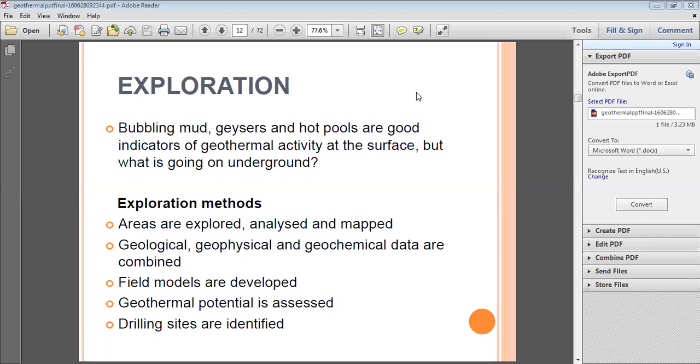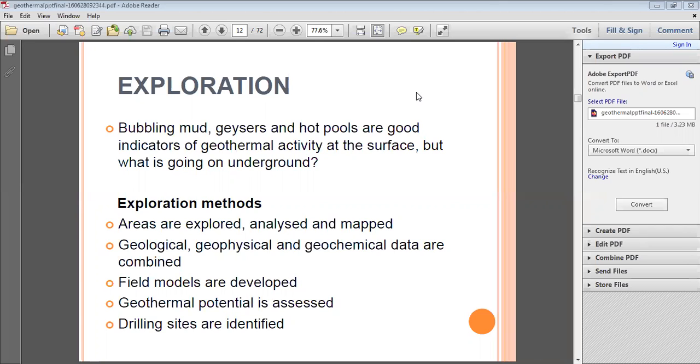Then geological, geophysical, and geochemical data are combined. Geological means the locations, and how the overall area is going.